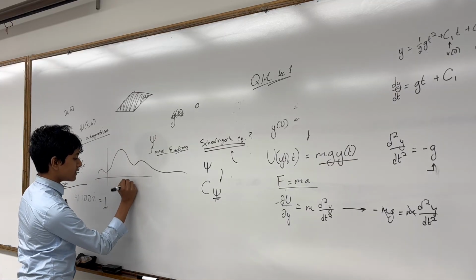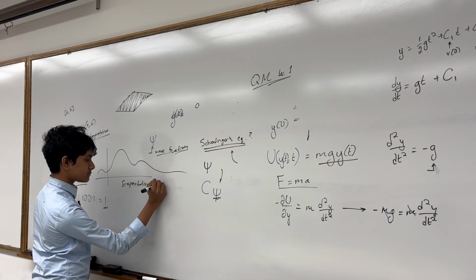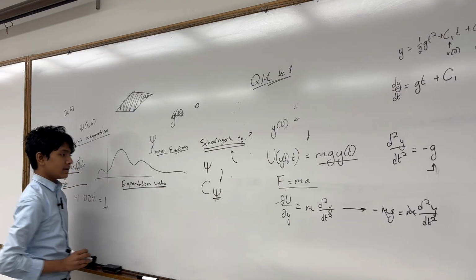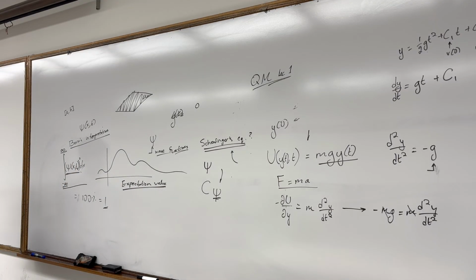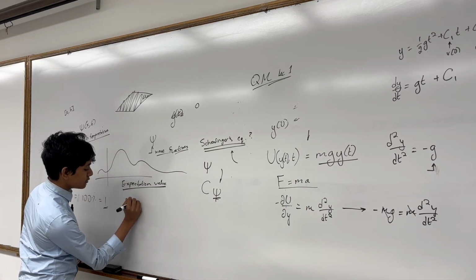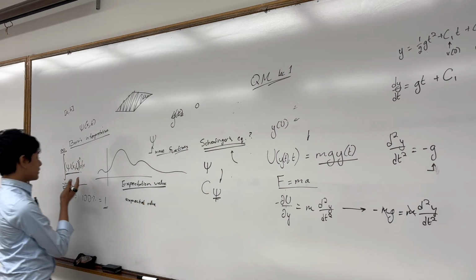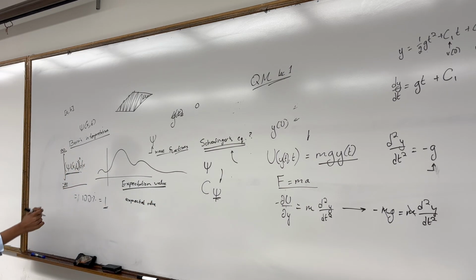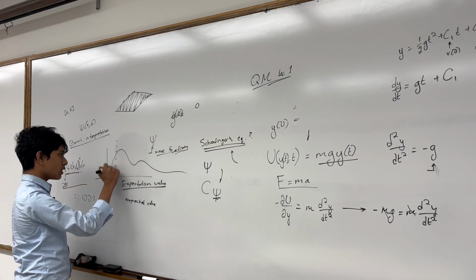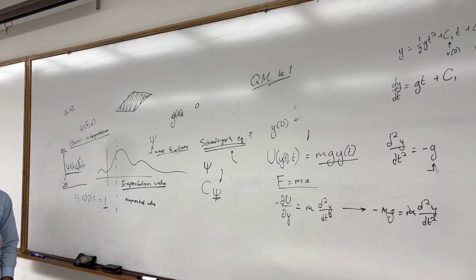First, we have the expectation value. Now, the expectation value, as you might guess, is kind of like the expected value you might have learned about in probability. You're just taking this function's average value in order to guess where the particle is most likely to be.